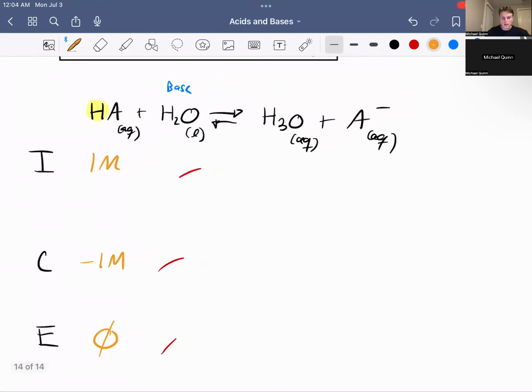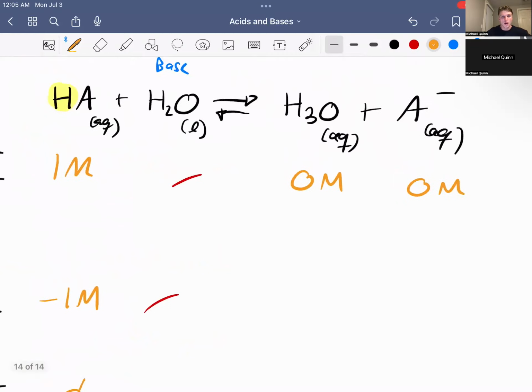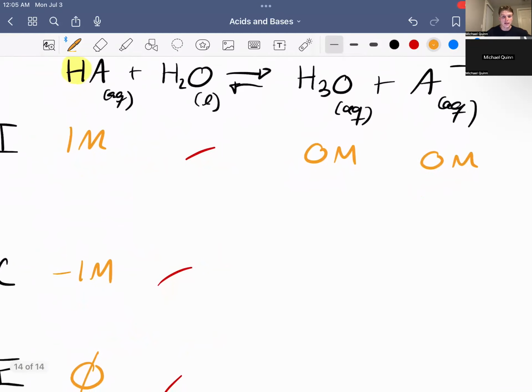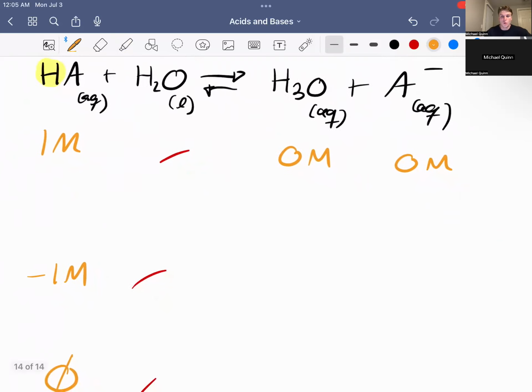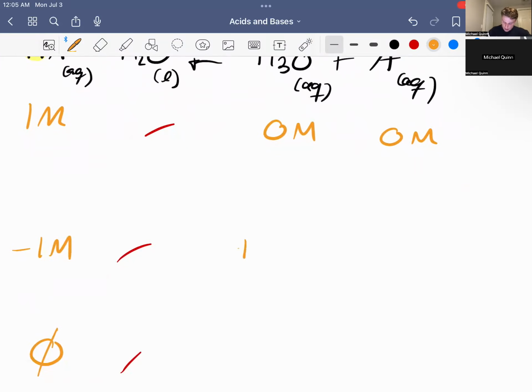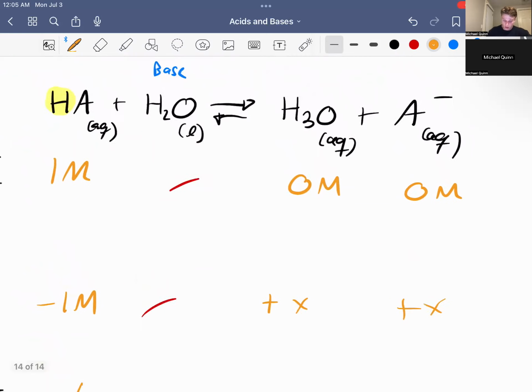So where did this acid go? Well, we started with 0 molar of this and 0 molar of this in our beaker. Well, we know that 1 molar of our acid reacted completely. So it gave away 1 molar worth of its hydrogens to water. So we must have made plus X, and this is a 1-to-1 ratio.